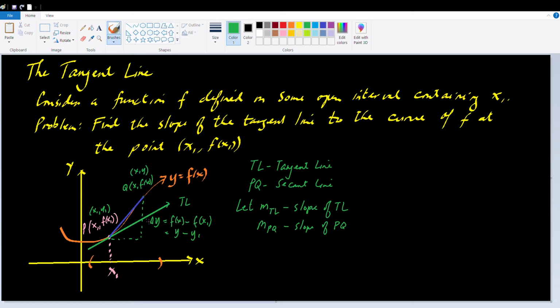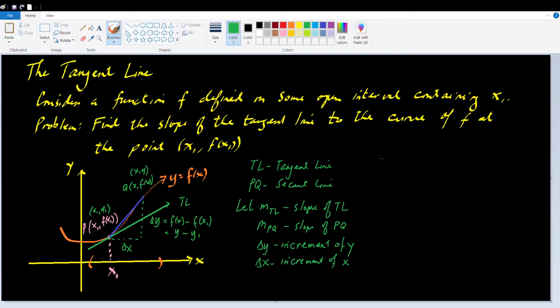So delta y is an increment of y. An increment is a small change. And the other one is delta x, an increment of x. So delta x is a small change in x, delta y is a small change in y.